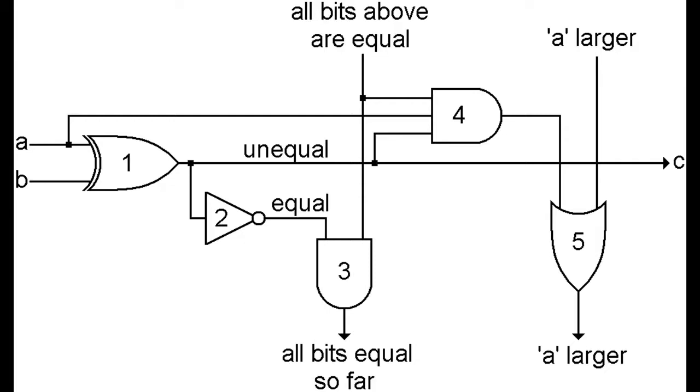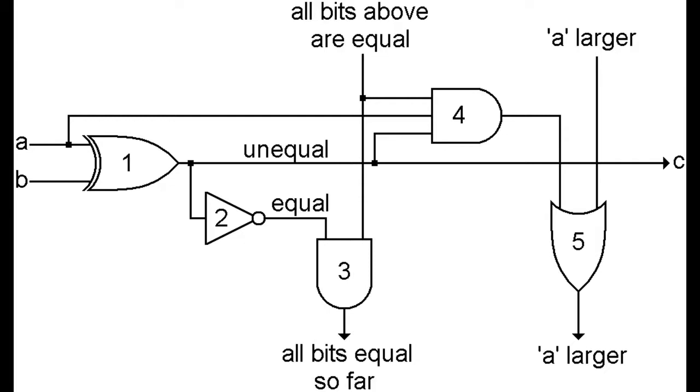Then let's move on to the next output, A larger. For A to be larger, what does it mean? It means one of 2 things. All the bits that we have seen so far are equal, and A is 1 and B is 0.